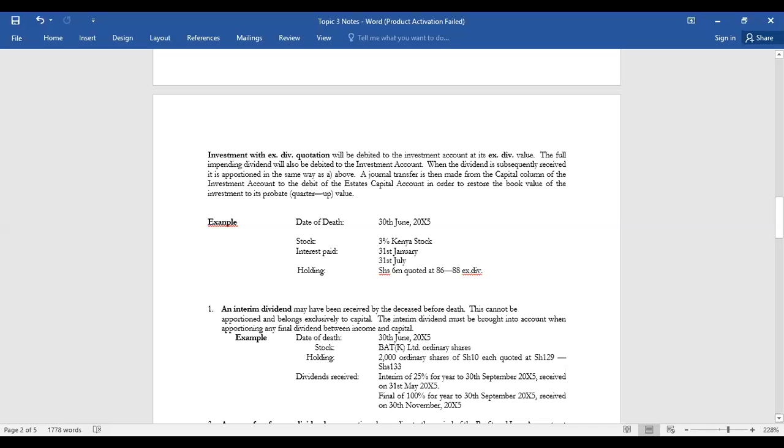Copy that. We need to do the entries. Giving you some time to transfer it elsewhere before I open the workbook. Assuming you've copied.